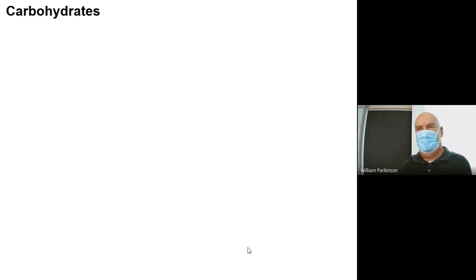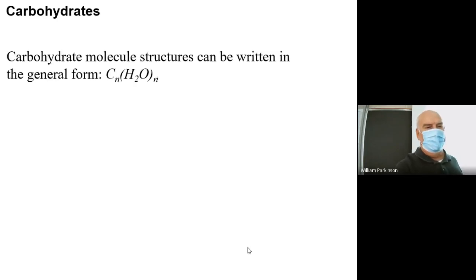Now, the name carbohydrate is kind of a misnomer. We really didn't know exactly what they were made of when we started investigating them, and when we gave them this name. The name implies carbohydrate. Of course, the carbo part implies carbon. The hydrate part implies water.